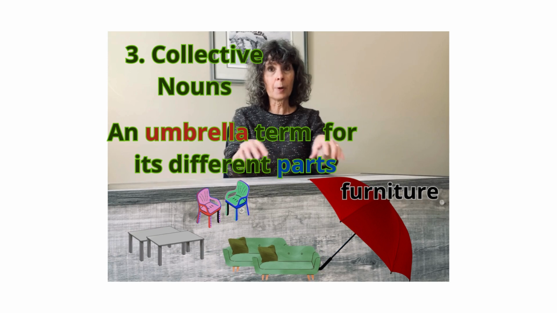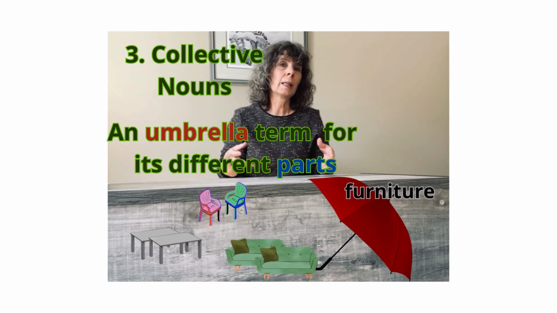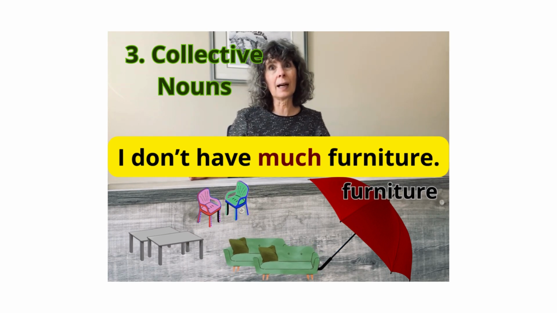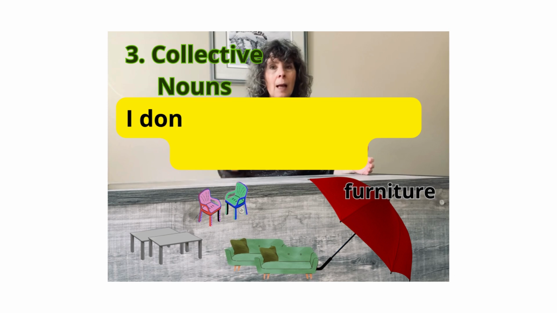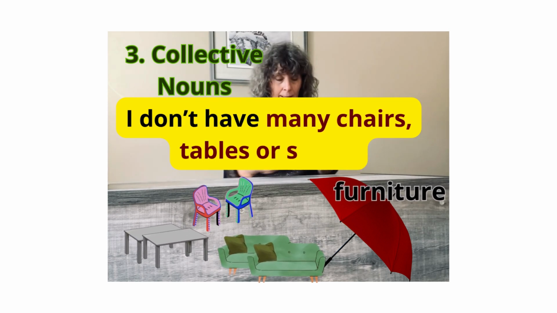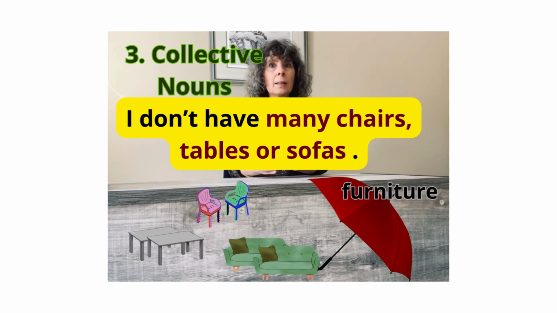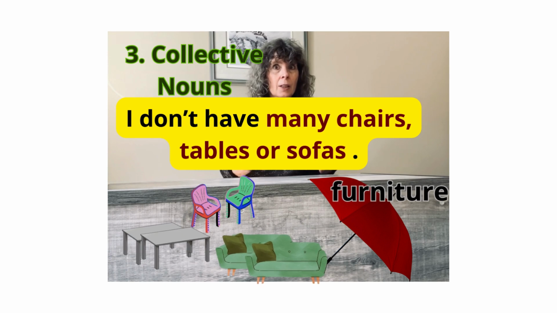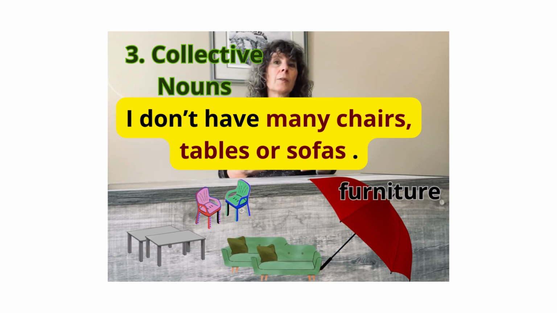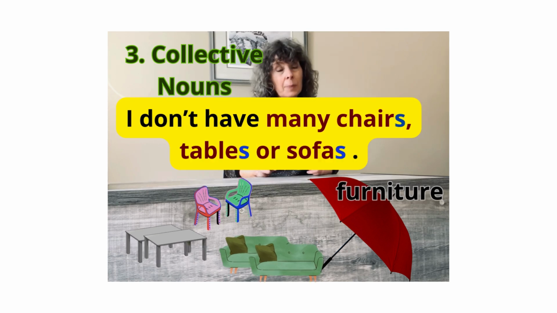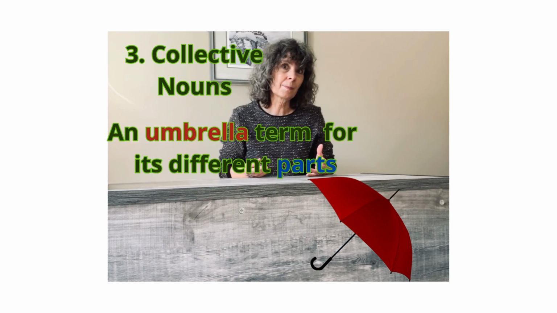However, the components are countable. So I don't have much furniture in my house, but I don't have many chairs, tables, sofas, okay? So those components are countable, and because I've just used many, they have to be plural as well.